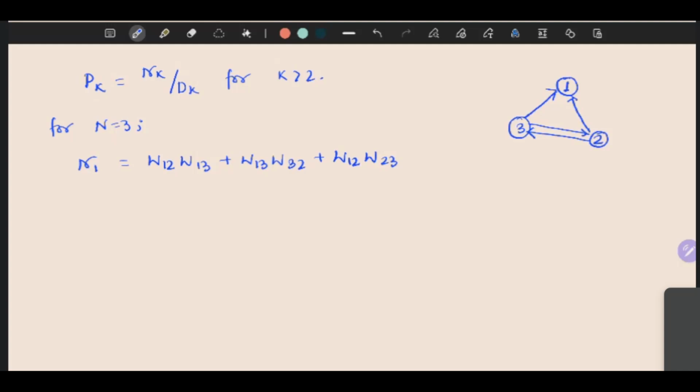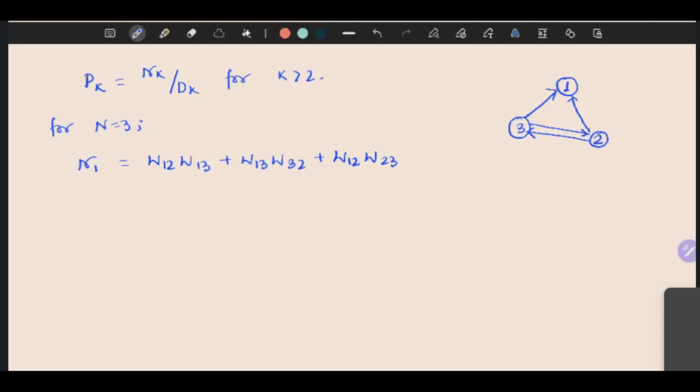So this is W23 W12, and also going out of that W12, W13.